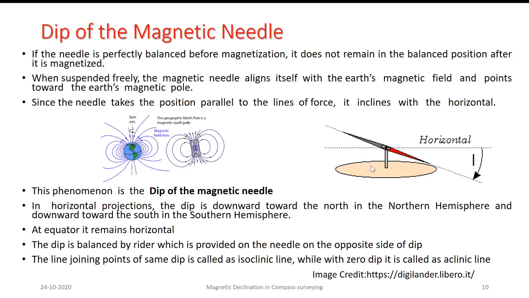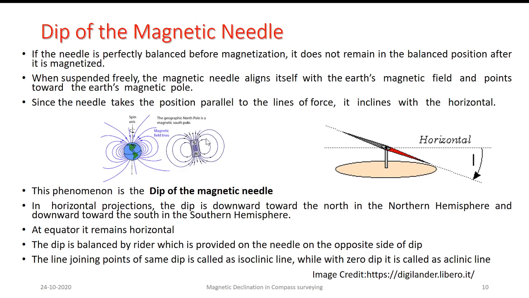Hence, the needle won't remain in the horizontal plane, but it will make some inclination with respect to the horizontal plane. This downward movement of the needle is called the dip of the magnetic needle. As we consider the Earth's geographical south, geographical north, and the axis of rotation, we can define the equator of the Earth's surface.